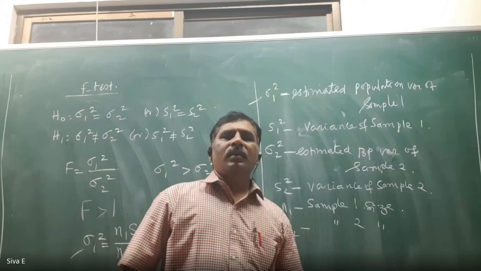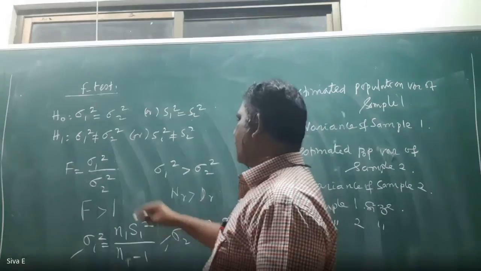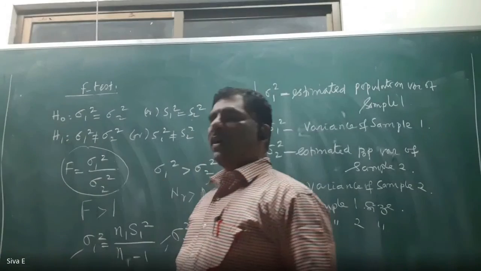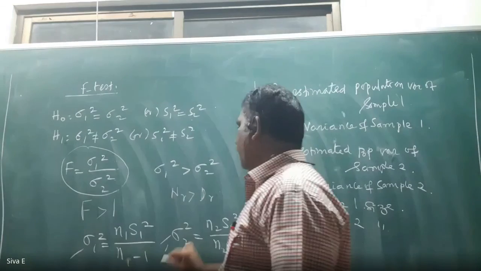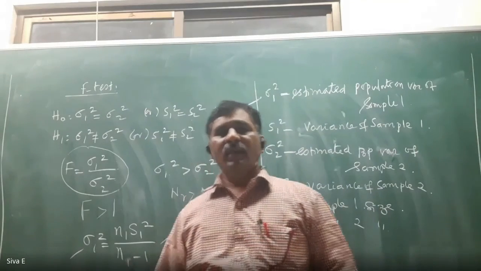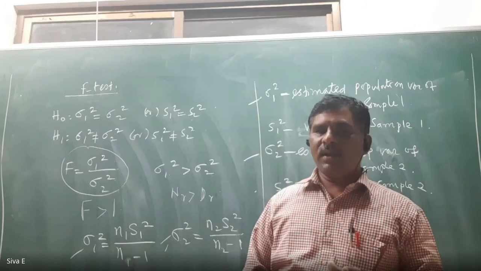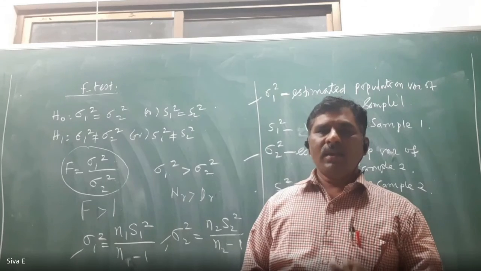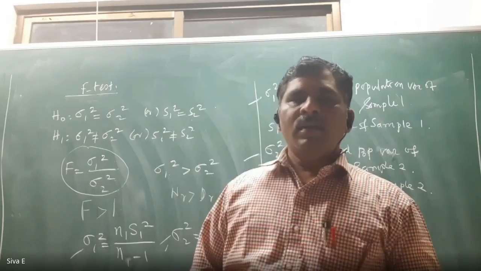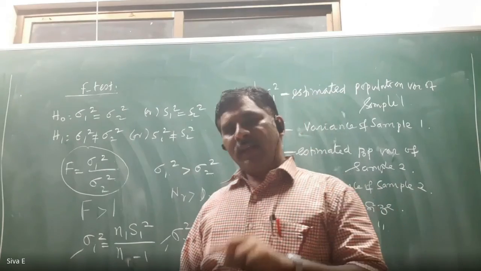Now, a very important note is there. Here, the F formula is sigma 1 square by sigma 2 square, whereas sigma 1 square is greater than sigma 2 square. Usually in the problem, what we are doing is, the first sample is sample 1 and the second one is sample 2.